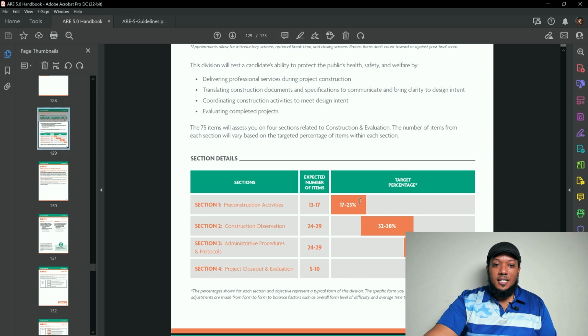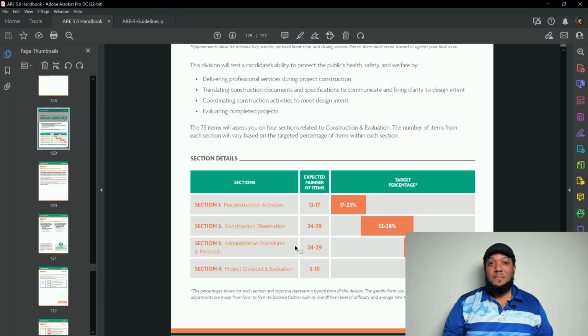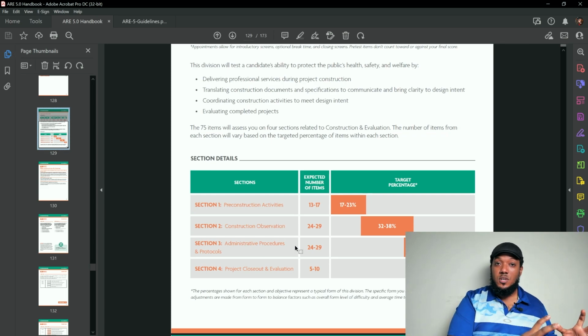So that's the pre-construction activities, then construction observation. That's essentially you being on site and taking care of things that are important for that particular phase. And then you will need to know for sure about the administrative procedures: what happens when something needs to be rebuilt, what happens when you need to take care of something that is not available for one of the materials.